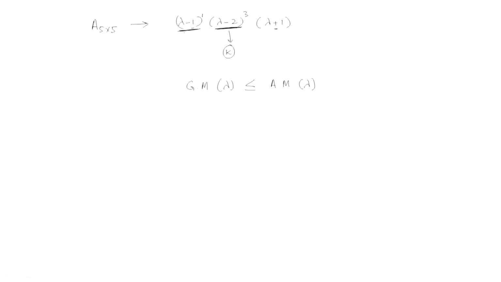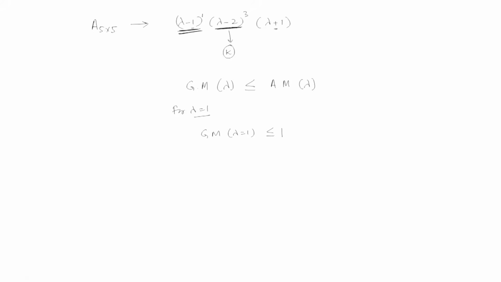Now, since lambda equal to 1 is repeating one time, the algebraic multiplicity for lambda equal to 1 is 1 for this particular example. So, GM for lambda equal to 1 will be less than or equal to 1. So, GM will be 1 only, it can't be 0. There is at least one linearly independent eigenvector corresponding to a lambda. So, if a lambda is repeating only one time, the number of linearly independent eigenvectors corresponding to that lambda will be 1 only.